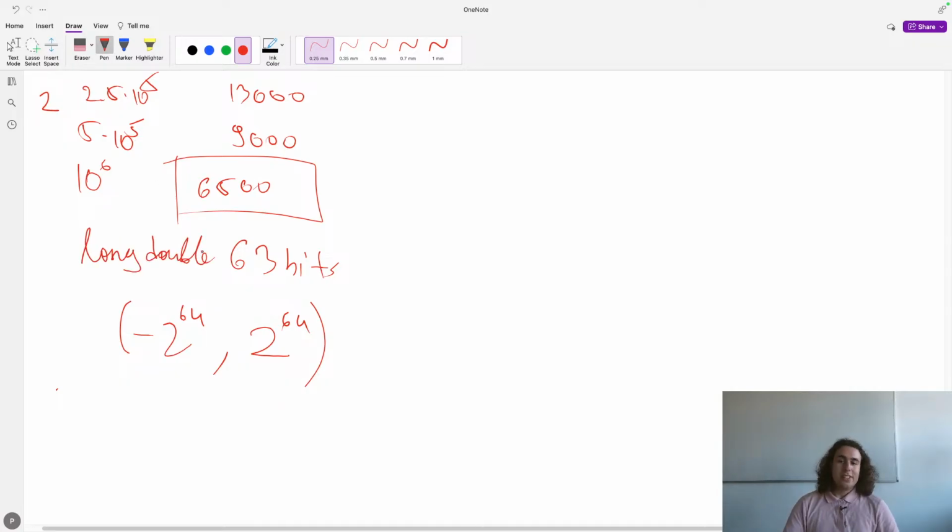Precisely. So actually that's an interesting thing, that long double can store more integers than long, right? Long goes from -2 to the 63 to 2 to the 63, and we can do twice as much.